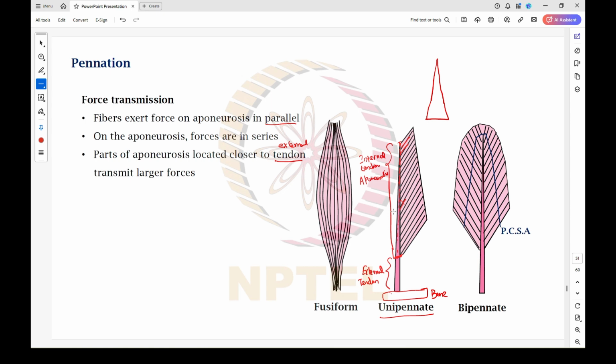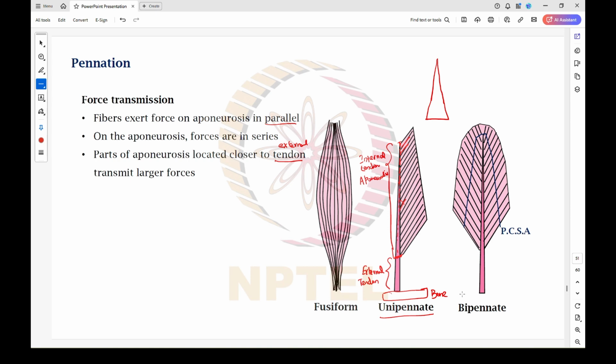Just to reiterate, in a pennate muscle, all the muscle fibers are attached to the aponeurosis or the internal tendon, and this internal tendon is what connects to the external tendon.